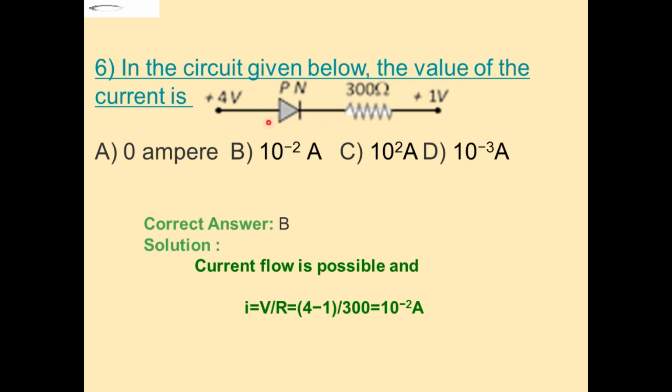So, the P side is connected to a voltage of plus 4 volts and the N side is connected to a voltage of plus 1 volt.